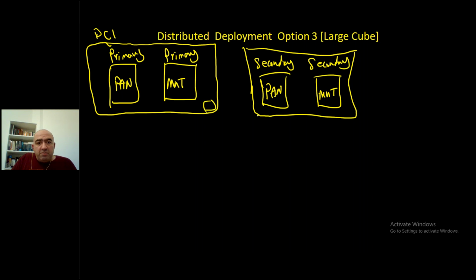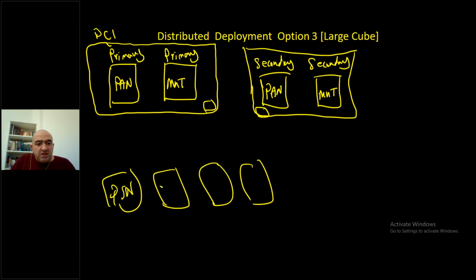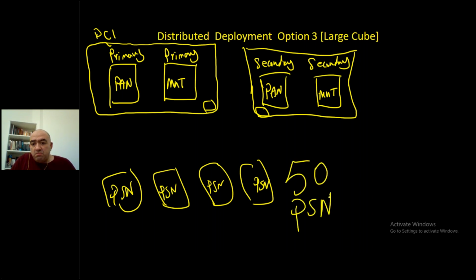You still can have one PSN in here, one PSN in there for health check, active passive. And I can have different PSNs here in different locations, up to 50 PSNs. And this is actually the maximum PSNs that you can have in the large cube of ISE, 50 PSNs.